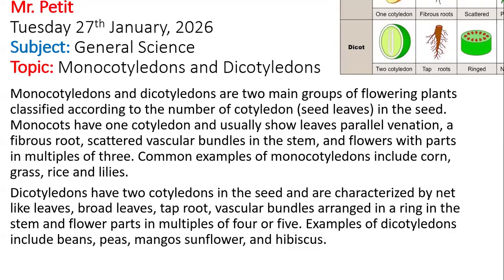So basically all we did was talk about how we have these two main groups of flowering plants. What are the two main groups? Monocots and dicots. Very good. About the dicots, what sort of leaves do they have?